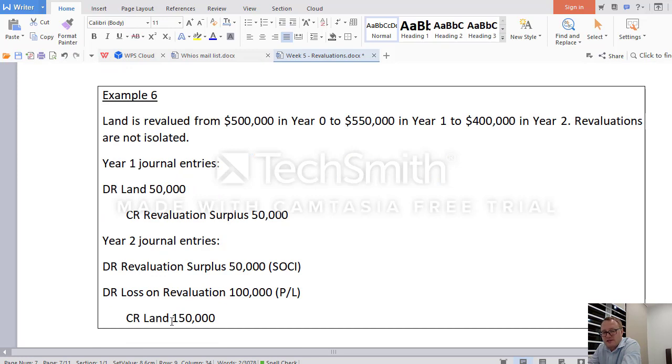Yes, the land is credited by 150,000, but from 550 to 500 is a reversal, and from 500 to 400 it's a genuine decrease. And the genuine decrease, obviously, from 500 to 400 is 100,000. A genuine decrease affects your income statement, reduces your income, but the reversal is just a reversal. It does not go to the income statement.